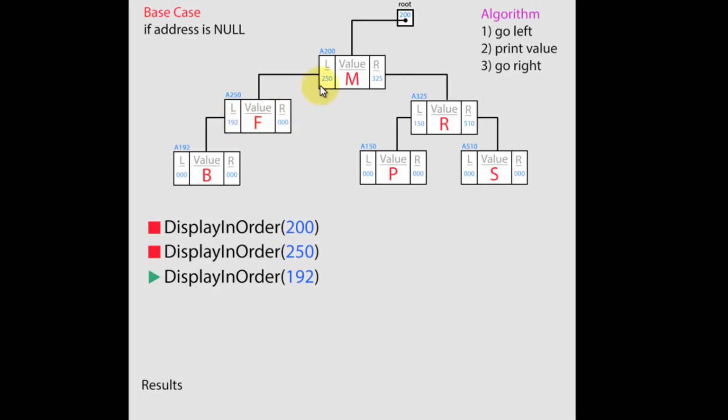Now we move to the left, and we are on displayInOrder 192, right? Because that's what was in the left. Now from here, we need to check the base case. If it's not null, then we need to call displayInOrder from 192, but on address 000.